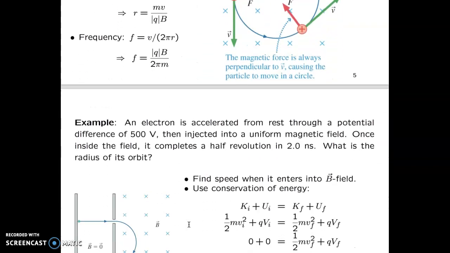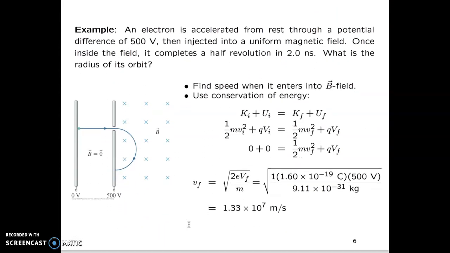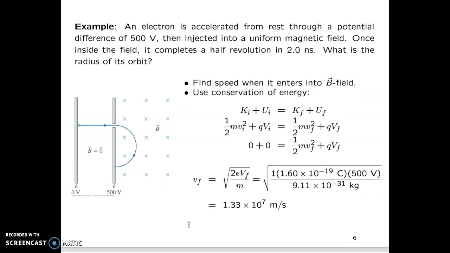Let's use this to solve a problem. This is a nice problem because it combines some things that we learned about earlier in a previous chapter, where we have charged particles accelerating through electric fields over electric potential differences.